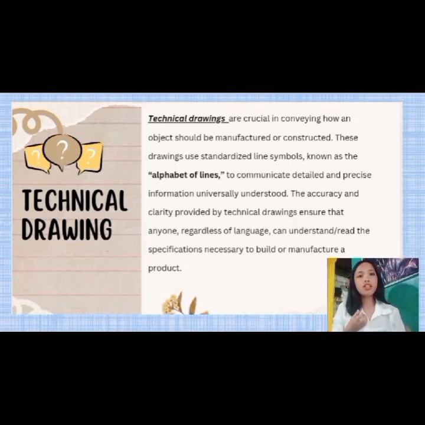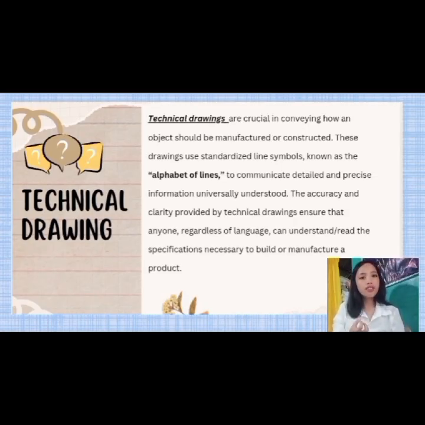Each letter in our alphabet has its own sound and meaning, and when combined, they form words and sentences. In the same way, each line in the alphabet of lines has its own appearance and function, and when used together correctly, they form a complete and understandable technical drawing.